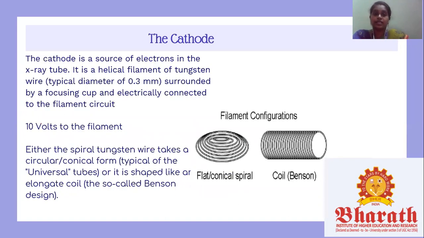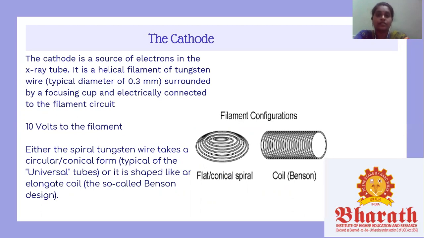Next, we can see about the cathode. The cathode of the Coolidge tube incorporates a wound tungsten filament that emits electrons when it has been heated up. We can stick with the diagram. There are two general configurations of the filament.